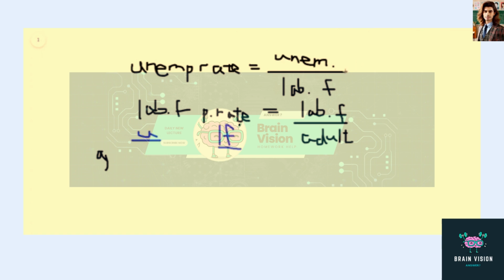Because John used to be unemployed, but now he is employed. So the numerator decreases while the denominator stays the same, so the unemployment rate goes down. What about the labor force participation rate? It stays the same because the labor force doesn't change and the total number of adults doesn't change.